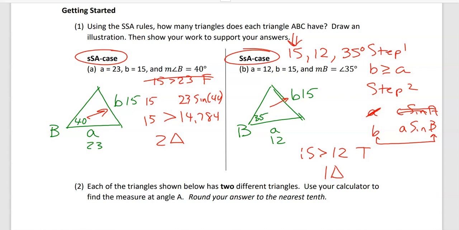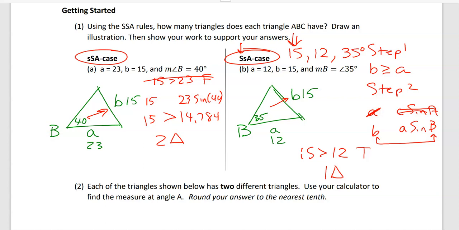So you'll see a capital S, lowercase s. Capital means it's the longer side. So capital S, lowercase s, followed by the angle tells me that there's one case.